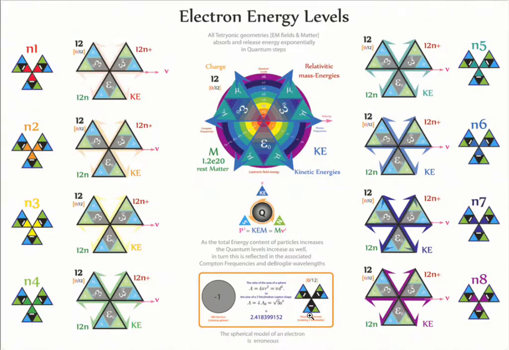This is where we have to start taking more and more care as we explain things, particularly in terms of mass energies and matter geometries, and how they relate to relativity. In the case of relativity, charged particles, or leptons specifically, in motion, have a relativistic mass energy, as indicated here in the red.